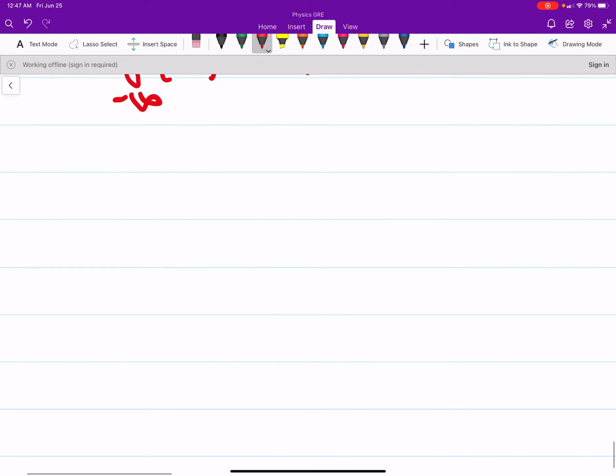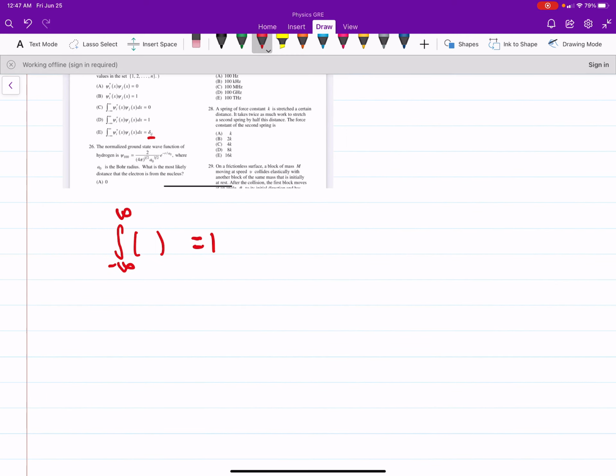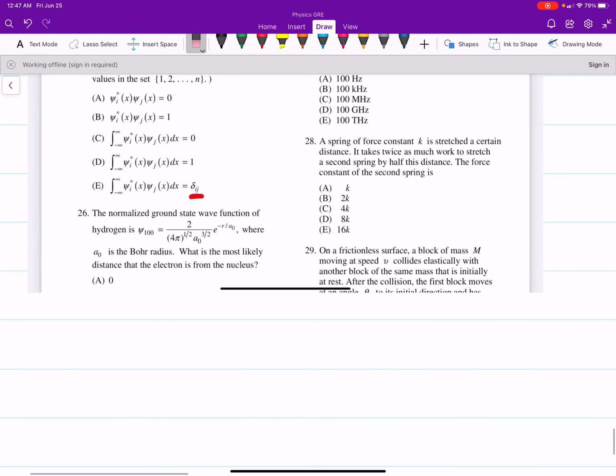You might have a graph that does this, and that's not even perfect, but basically you have a peak. E is the one that does that, because that's what the Dirac delta function does. All of this is equal to 0 everywhere with the exception of one point where it blows up. So answer choice E.